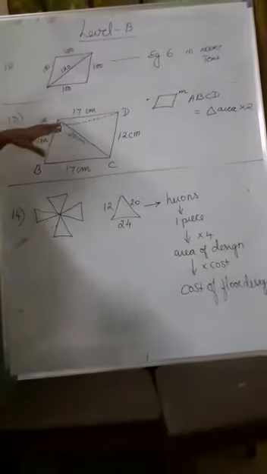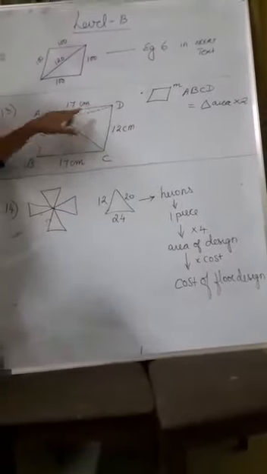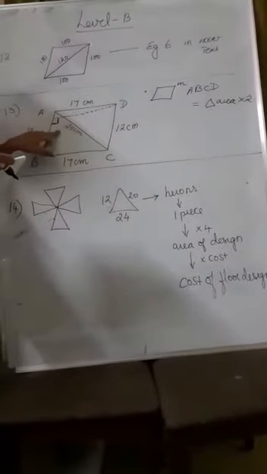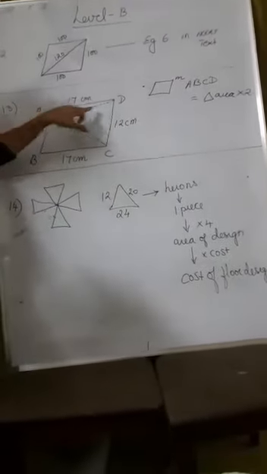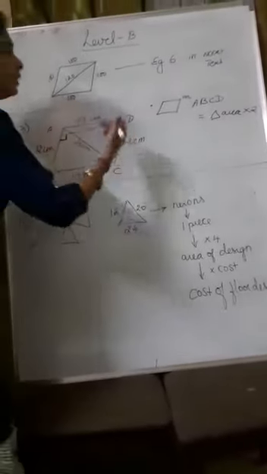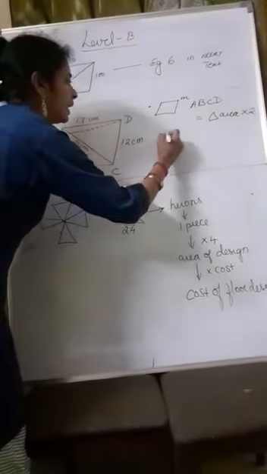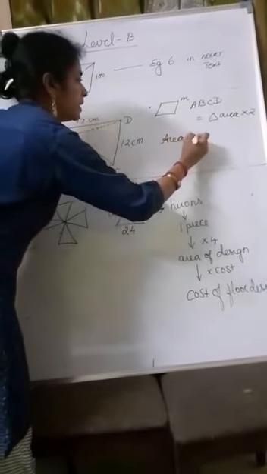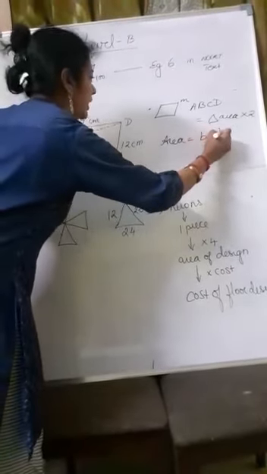Then it is given that a perpendicular line is drawn. What is the length of the perpendicular line is the question. Actually, we have already learned that the area of a parallelogram is base into height.